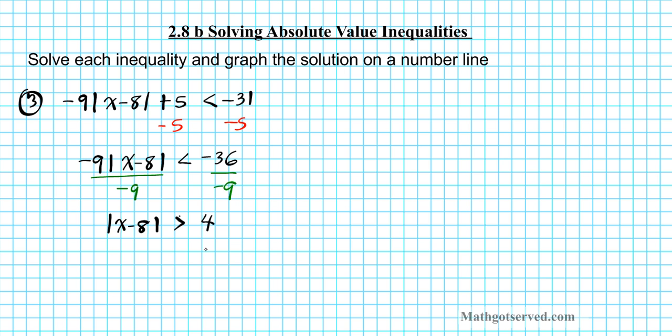Okay? All right. Now, the question is this a sandwich situation or a split situation? Remember, anytime you have less than or equal to, that's a sandwich situation, okay? You have a combined inequality. You have the variable sandwiched between two inequalities.